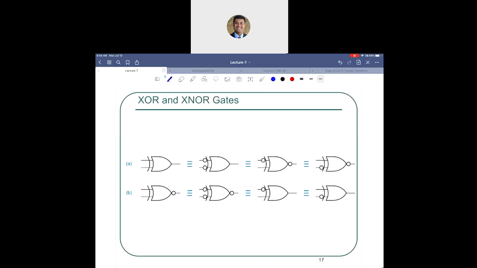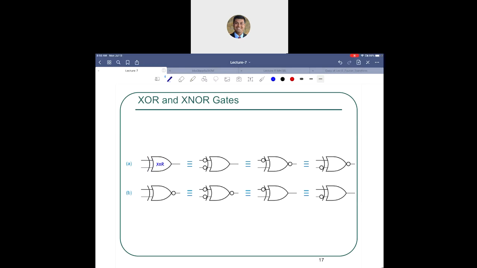Now the exclusive OR, let's talk about the exclusive OR first. The exclusive OR gate that you see over here can come in 4 different forms, right? So what is the first one? The first one, let me use blue for this. This is exclusive OR, right? XOR. Okay.